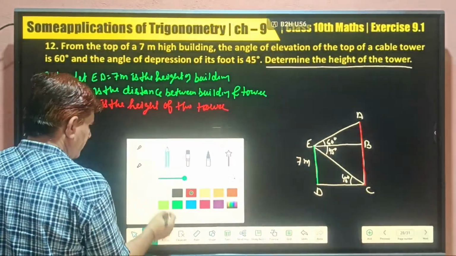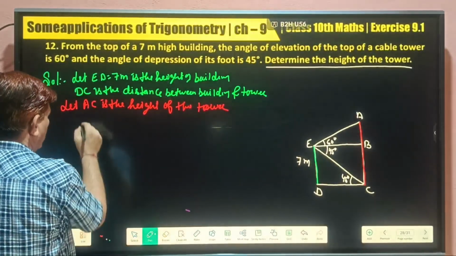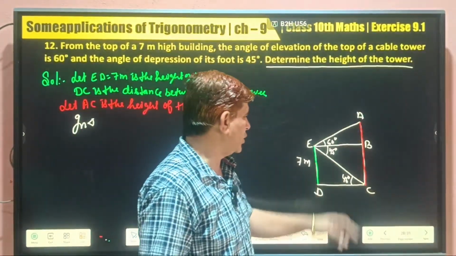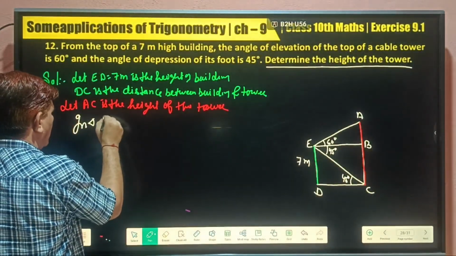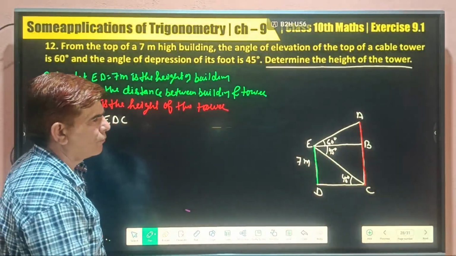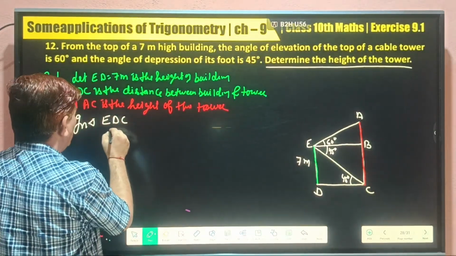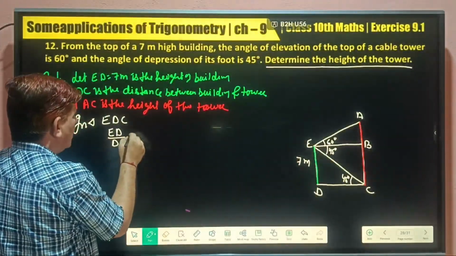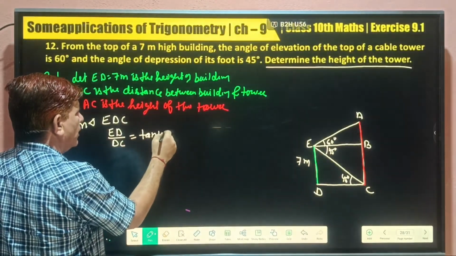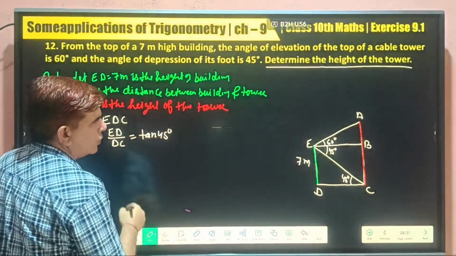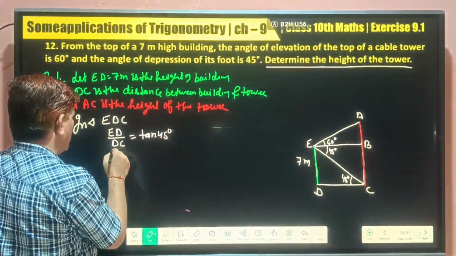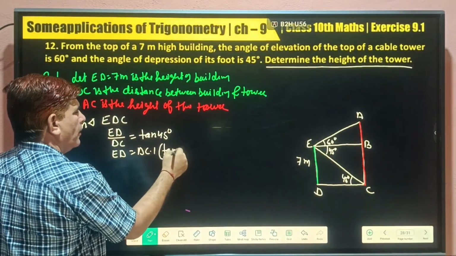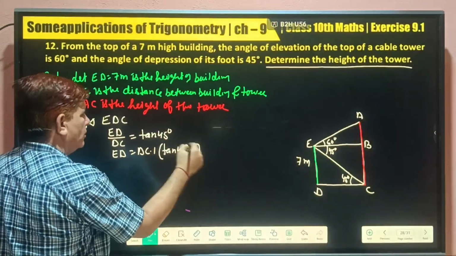Now we can solve. In triangle EDC, ED by DC is equal to tangent 45 degree. So ED equal to DC into tangent 45 degree, which is 1.